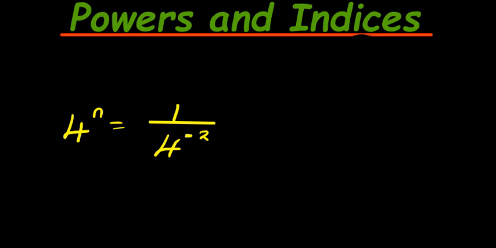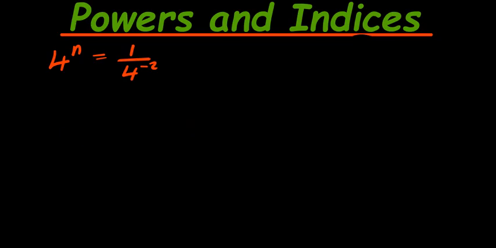So we have been given that 4 to the power n is the reciprocal of 4 to the power negative 2. So how do you solve this? You start by simplifying whatever you see is complicated.